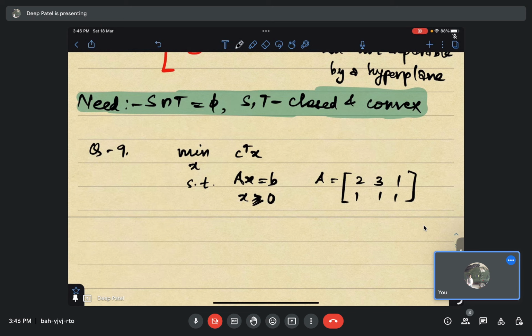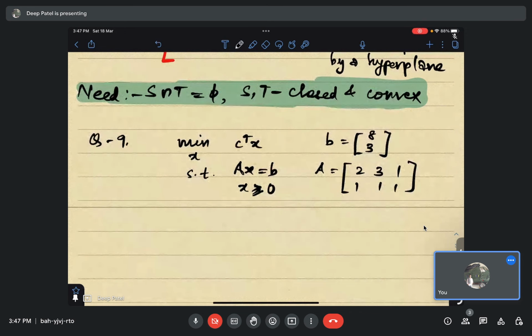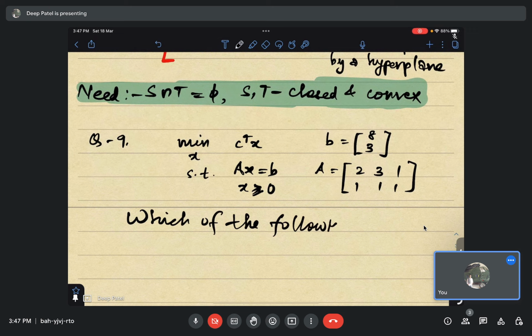So there are two constraints, and this is the linear system we are given. So the question is, which of the following is an extreme point?